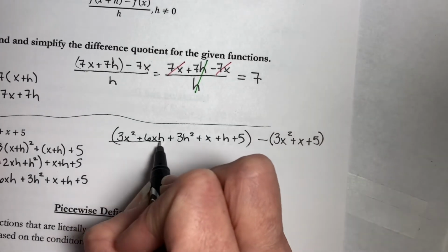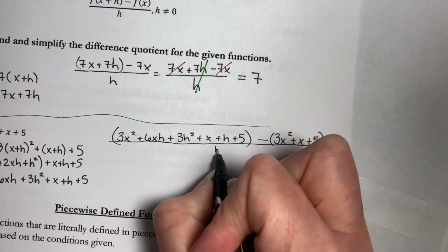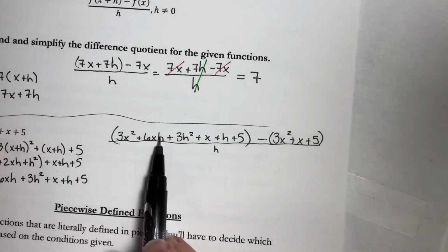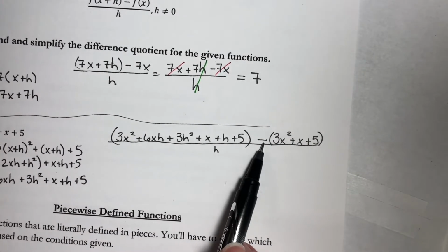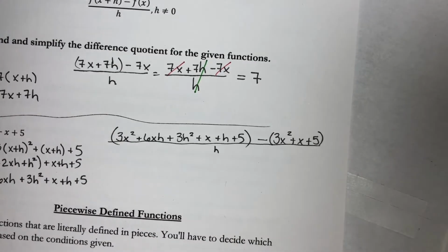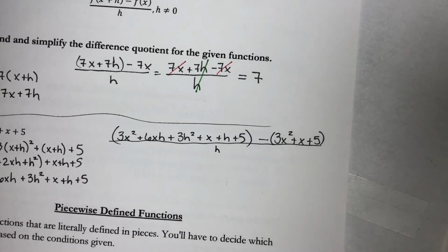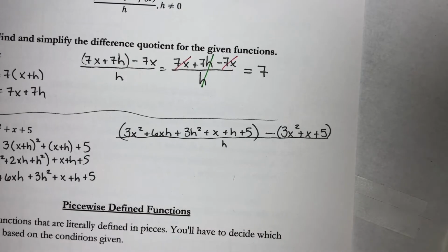And all of this is over h. Now on your paper, if you would like, just do these calculations and then after you've simplified the top, put it over h, feel free to. If I weren't trying to teach it, that's exactly what I would do.